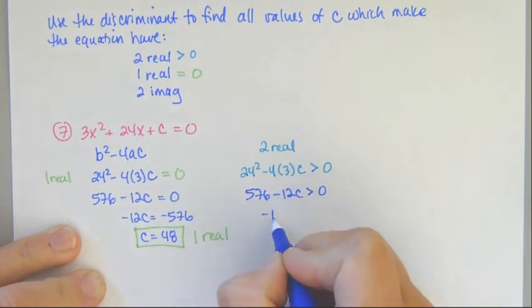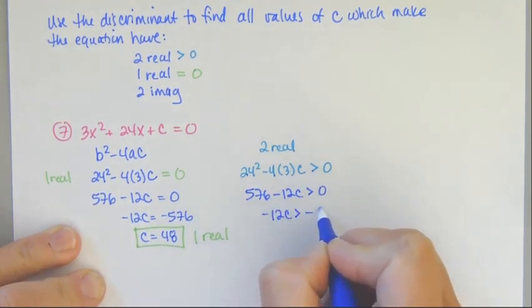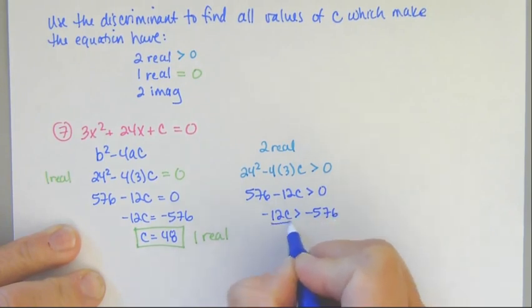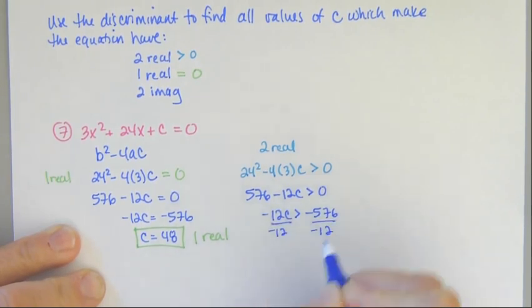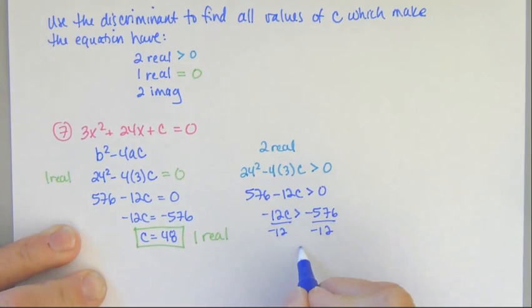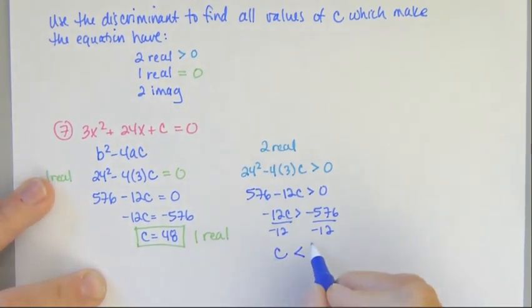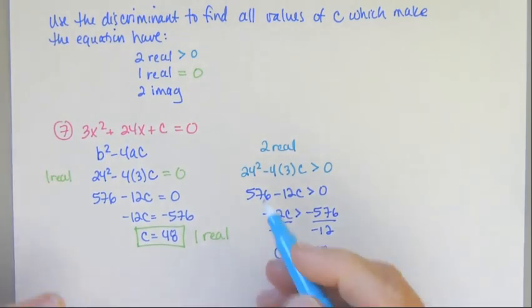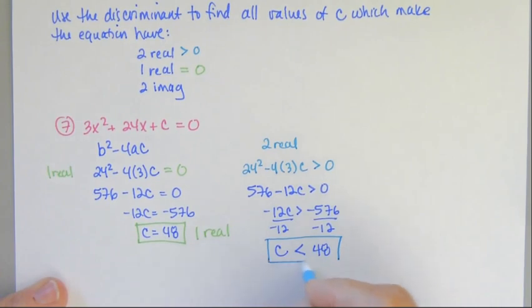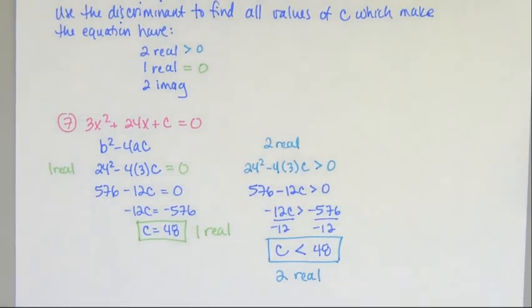Subtract 576 from both sides. Careful here, when you divide by that negative number, remember with inequalities, that inequality has to flip. So careful on that one. So if c is less than 48, I'm going to get 2 real answers. So don't just guess which one it's supposed to be.